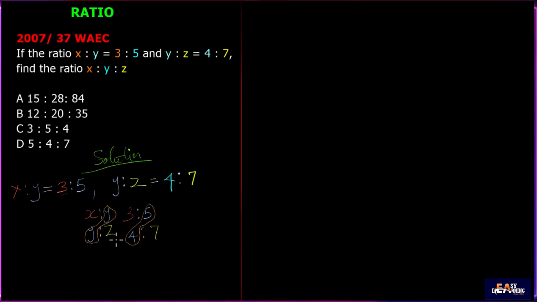And how do we achieve that? The first thing we are going to do is multiply out the 4 and 5, which will be the common multiple, the LCM. We need a particular number that 5 can divide and 4 can divide.